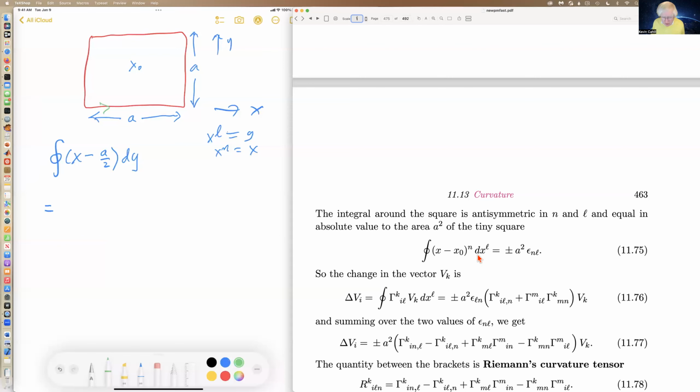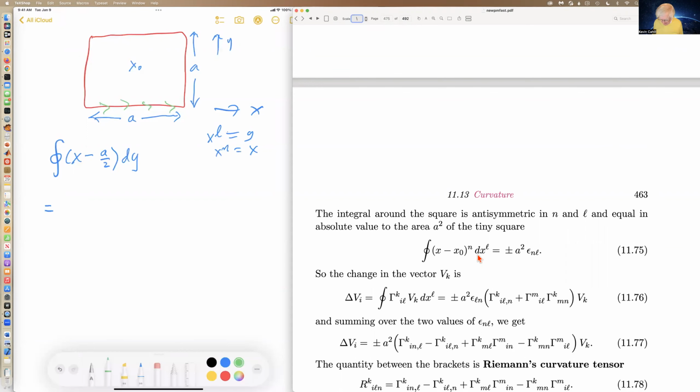So at first, we go this way, let us say from 0 to a. The integral of dy from 0 to a is just a.